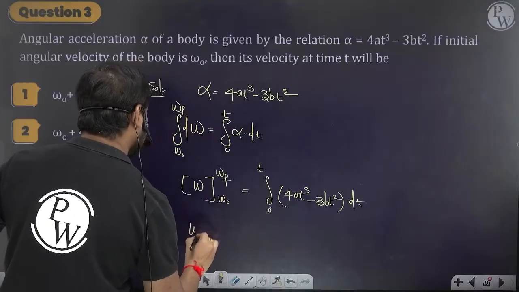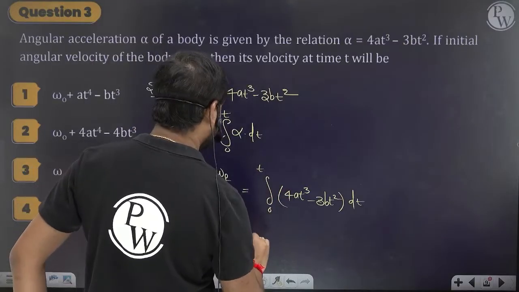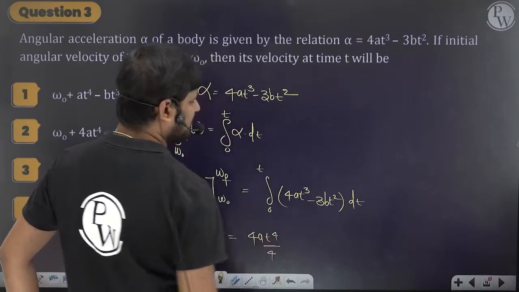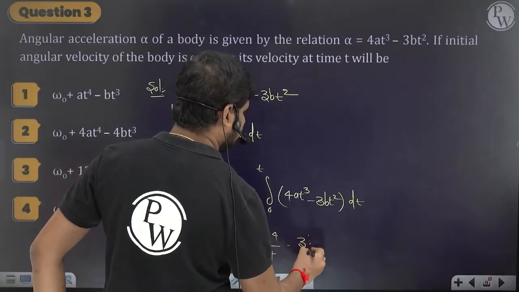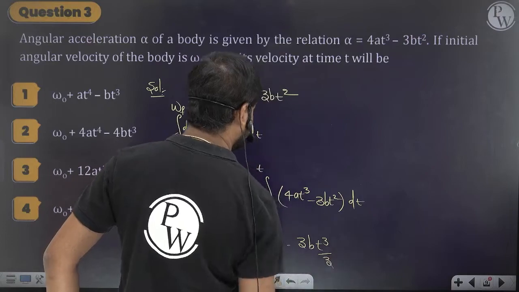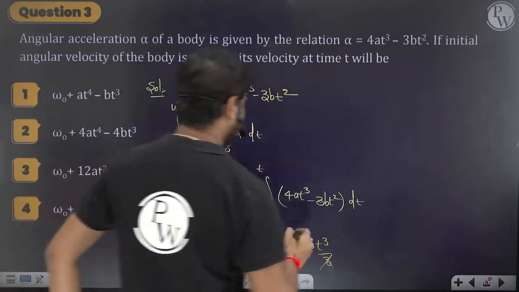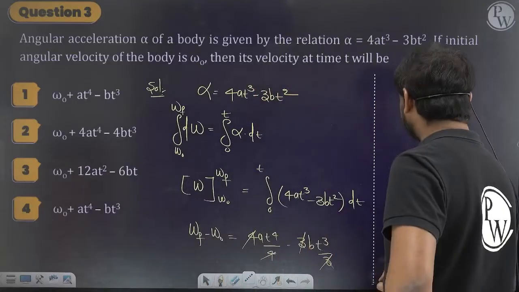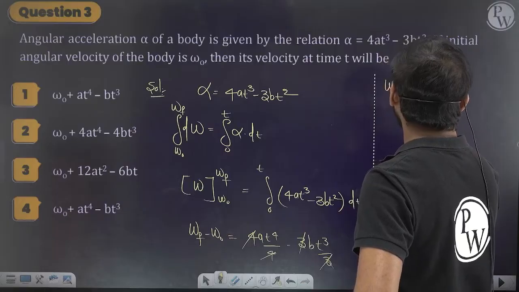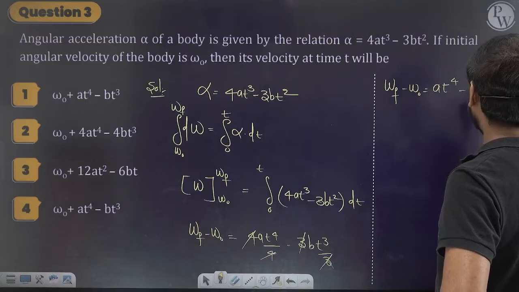Here omega final minus omega initial is equal to 4a t to the power 4 by 4, minus 3b as a constant taken out. The integration of t square is t cube by 3. From here 4 cancels, 3 cancels. So omega final minus omega initial is equal to a t to the power 4 minus b t to the power 3.